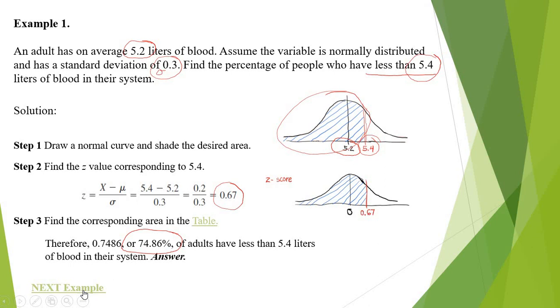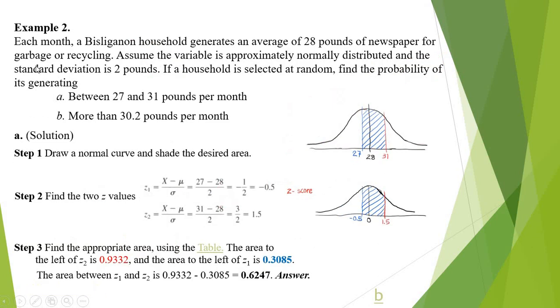So we will have the next illustrative example. Example number 2. Each month, a Bisliganon household generates an average of 28 pounds of newspaper for garbage or recycling. Assume the variable is approximately normally distributed and the standard deviation is 2 pounds. If a household is selected at random, find the probability of its generating A, between 27 and 31 pounds per month, and B, more than 30.2 pounds per month.